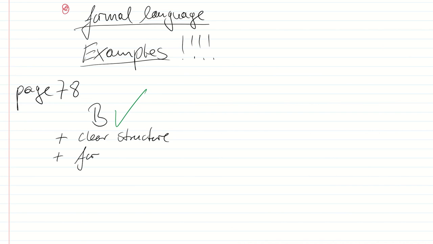It also uses a very formal language. So the author of this text analysis on page 78, text B, uses a very formal language. Compare it to the author of text A, who often expresses his opinion, who often uses phrases that express opinion, like, for example, who wants to read stuff like that?